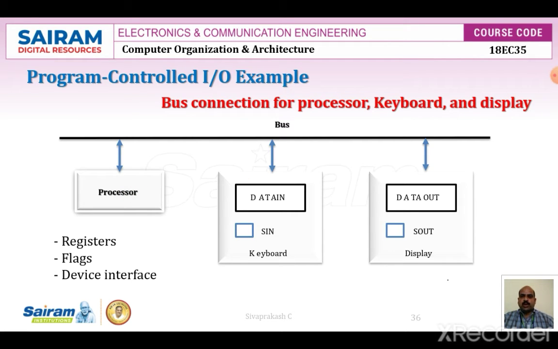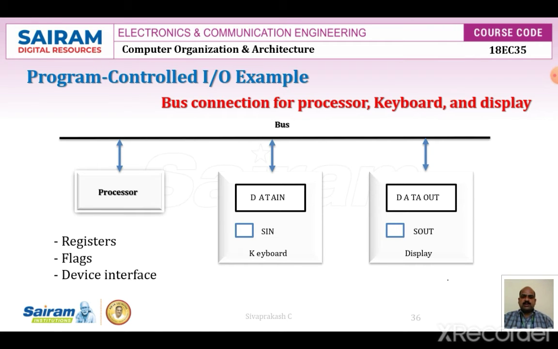An analogous process takes place when characters are transferred from the processor to the display. For this transfer, the buffer register data out and the status control flag are used. When SOUT is 1, the display is ready to receive a character from the processor. After the data is received from the processor into the data out buffer register, SOUT becomes 0 while the character is being transferred to data out.